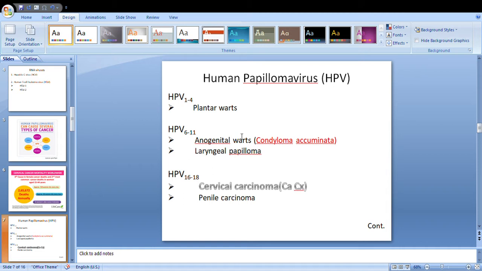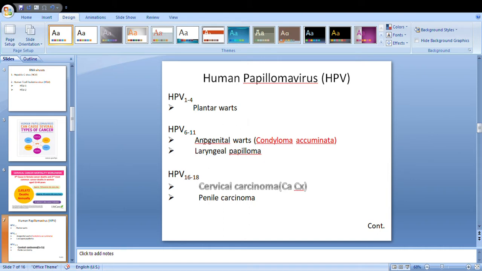Let us describe the different serotypes, the different types of the human papilloma virus. Types 1 through 4 of the human papilloma virus cause plantar warts, the warts on the soles of the feet.